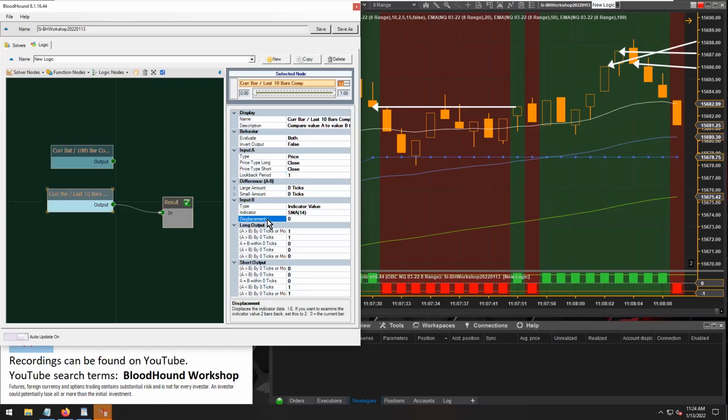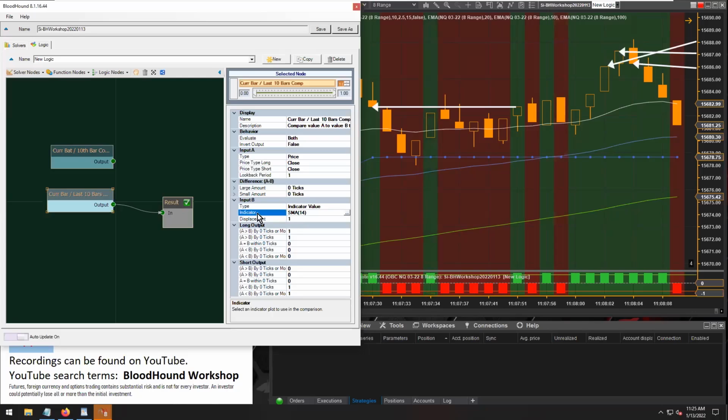We need this displacement function so that we can exclude the current bar. We need to exclude input A from input B's data. So we need to set the displacement to 1.